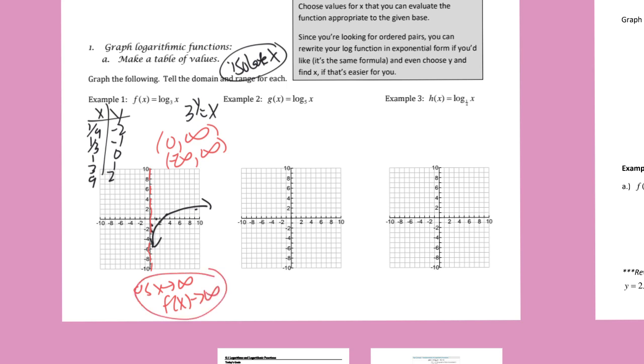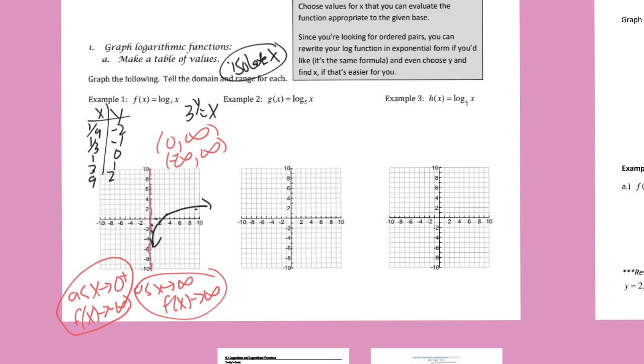Also, as x goes to, it can't go to negative infinity, but it can get close to 0 from the positive side. Okay, and so it's kind of like limits. It won't ever get to 0, but as it approaches 0, what does your function do? Your function goes to negative infinity. So that would be the end behavior for this side of the graph.